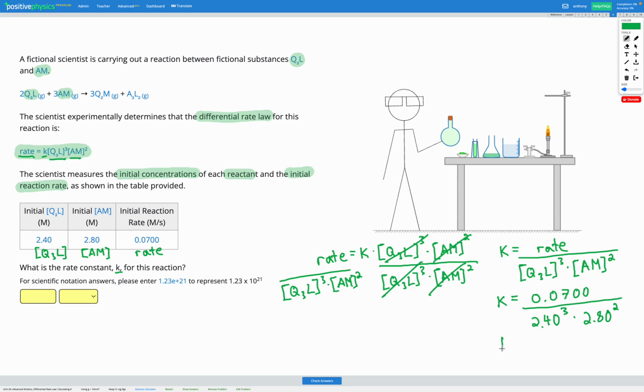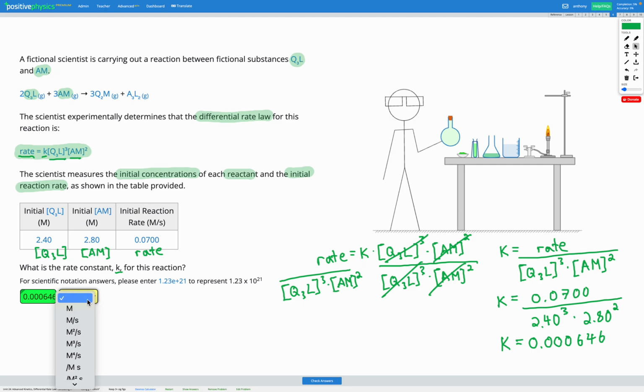So putting that all into our calculator, we get out a value for K of 0.000646. So let's go ahead and fill that in to see if we got that right. 0.000646. Awesome. So just as a reminder, we took our rate equation given in the question, we rearranged for K, and then we just plugged in the numbers that we were given.